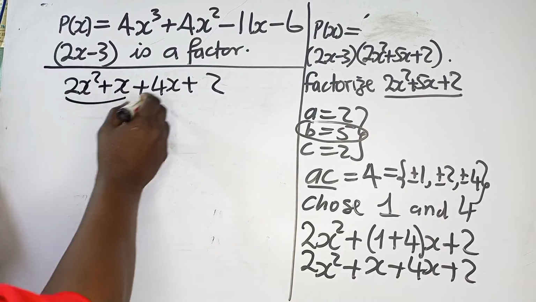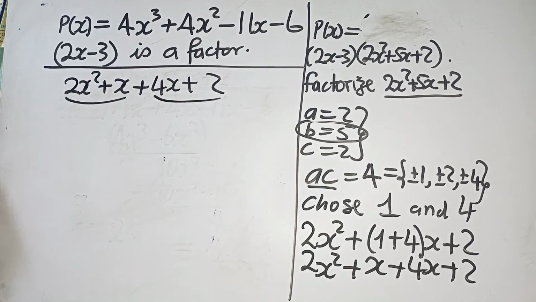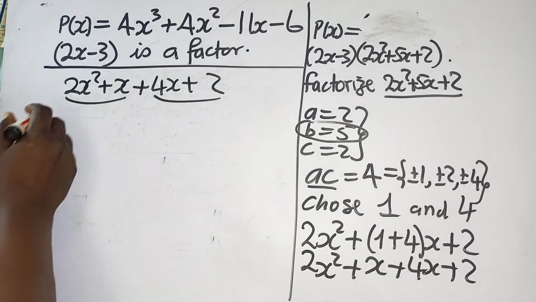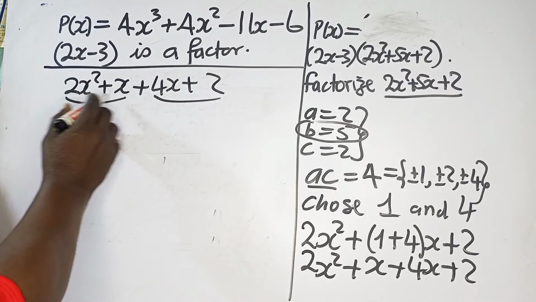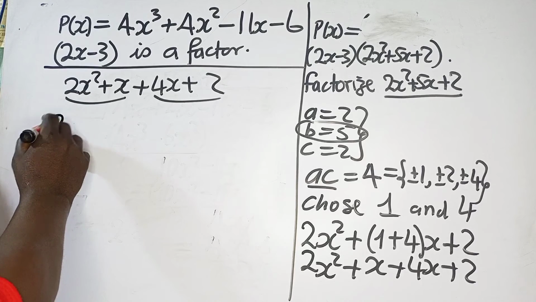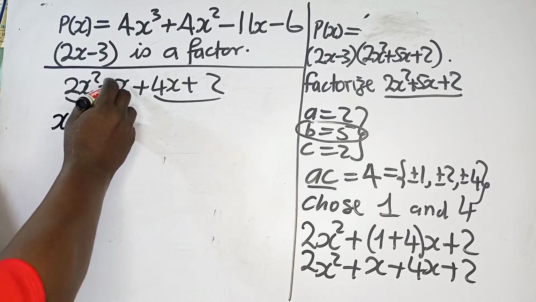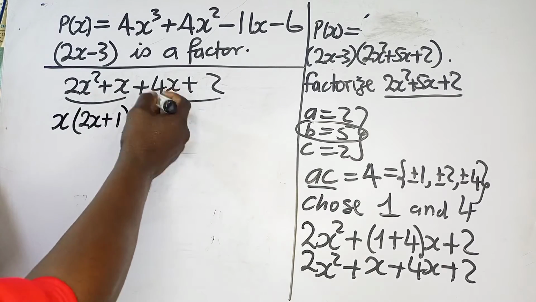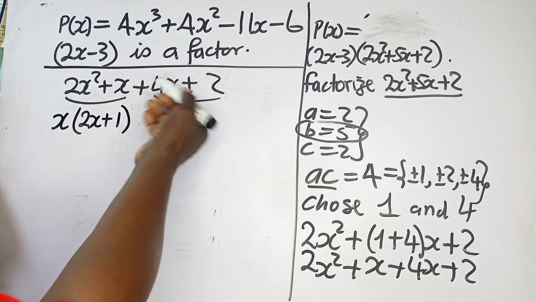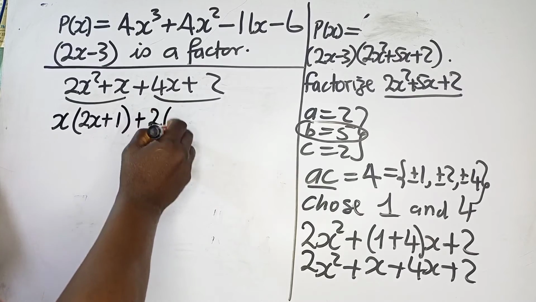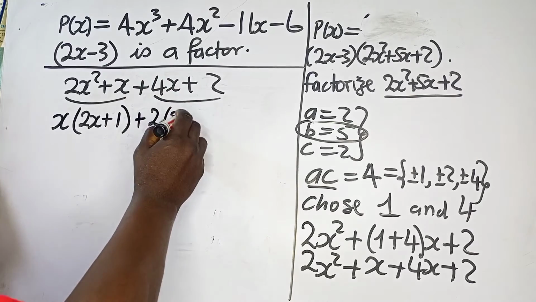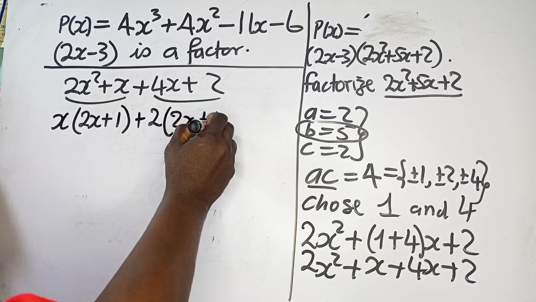We'll factorize the first 2 and factorize the second 2. That's the factorization method. All right, if we look at the first 2 terms, we have x is common, so put x outside. Or we divide this by x, we have 2x. Divide this by x, we have positive 1. We look at the next 2 expression, we have 2 is common, so we factorize out 2. Or divide this by 2, we have 2x. We divide this by 2, we have 1.